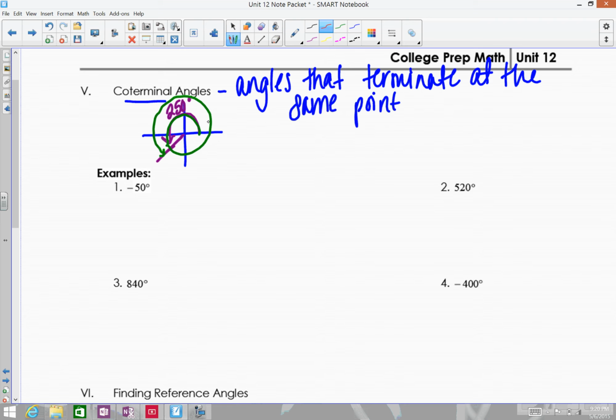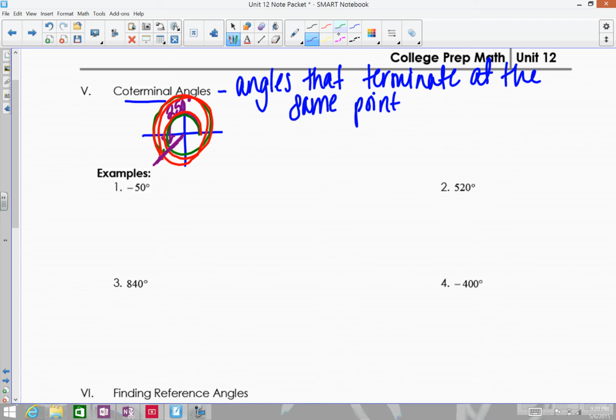If I add another 360, I end up in the exact same spot. So you can add as many multiples of 360 as you want to 250, and your angle will always end in the same spot. Those angles, 250, 250 plus 360, 250 plus 360 plus 360, are going to be the same angles. They end up being in the same position.